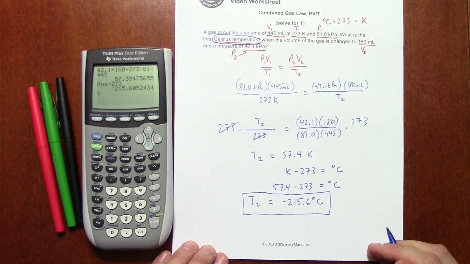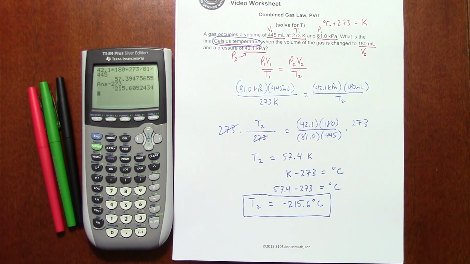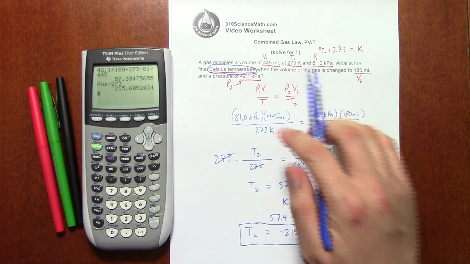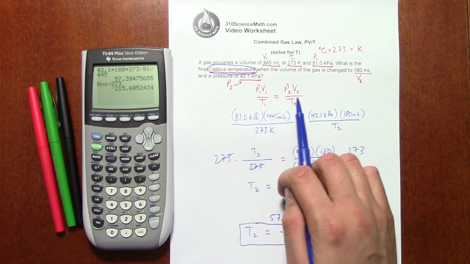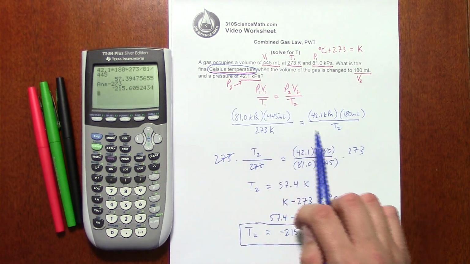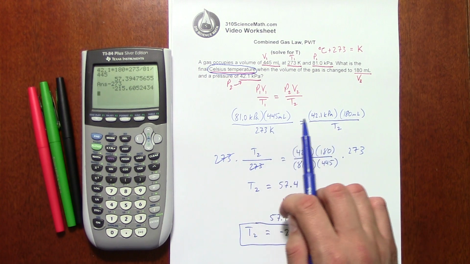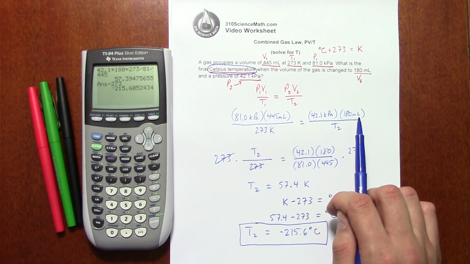Okay? So just to recap, the problem required us to find the final temperature. And what we did was we first decoded the problem to figure out what all the variables were. Then we wrote down the formula, we substituted in the values where needed, and we checked along the way just to make sure that the units matched.